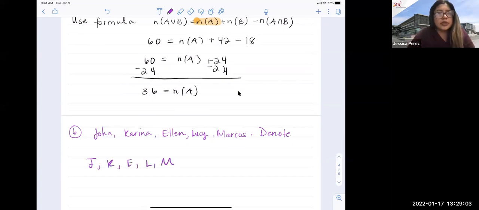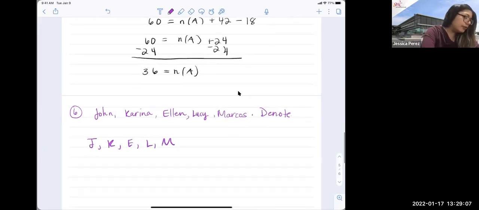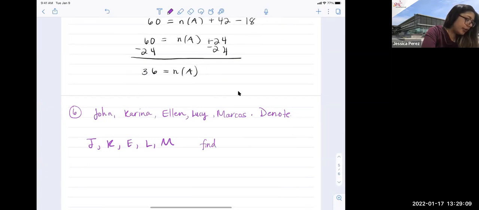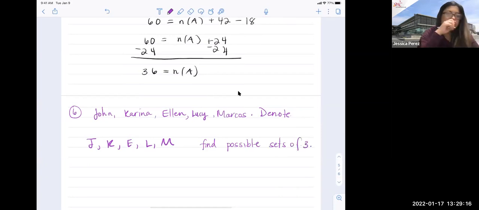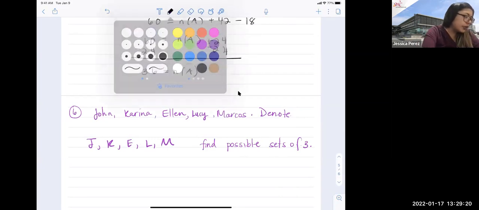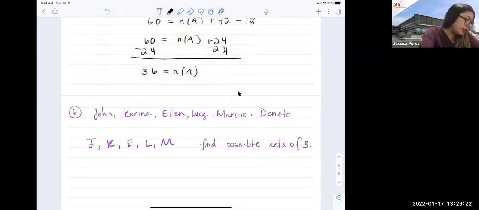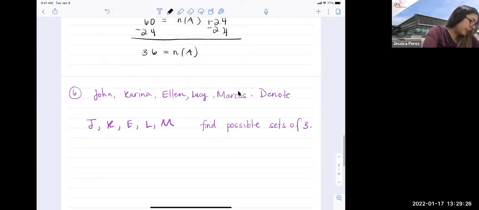And what we want to do is find all of the possible sets. Find possible sets of 3. So for that, you're going to create subsets of 3 using 5 different letters. So I'm going to do a few examples.